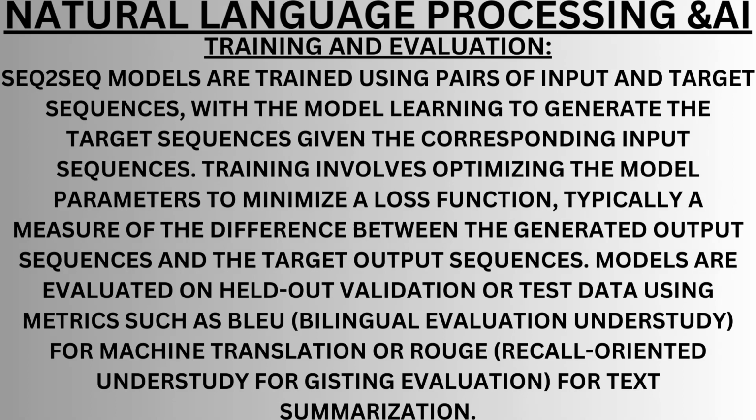Models are evaluated on held-out validation or test data using metrics such as BLEU, bilingual evaluation understudy, for machine translation, or ROUGE, recall-oriented understudy for gisting evaluation, for text summarization.